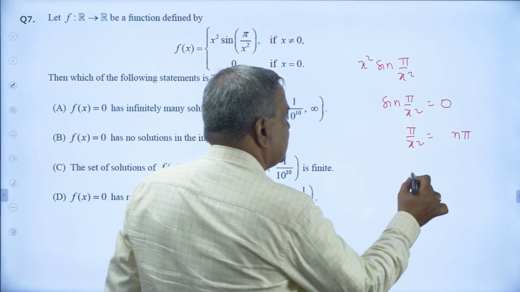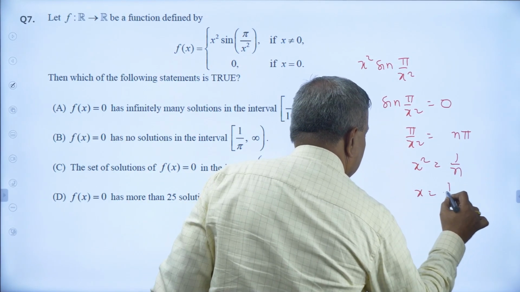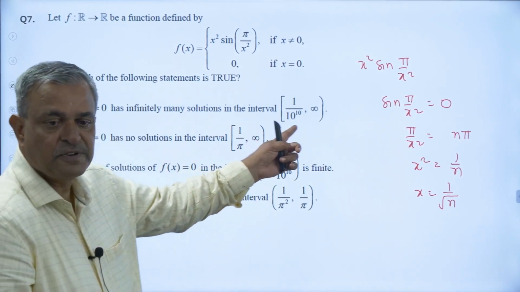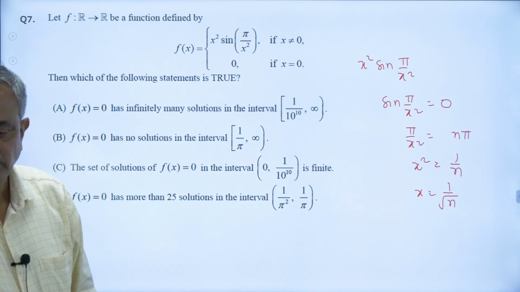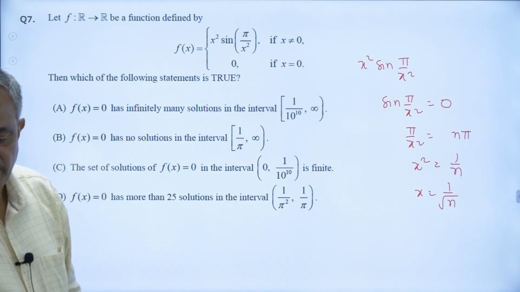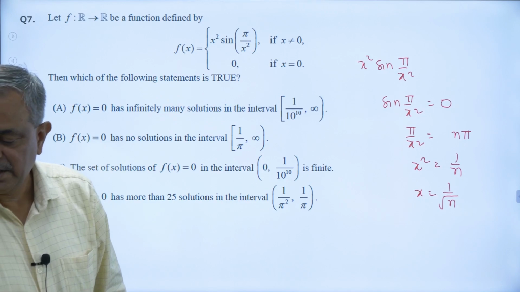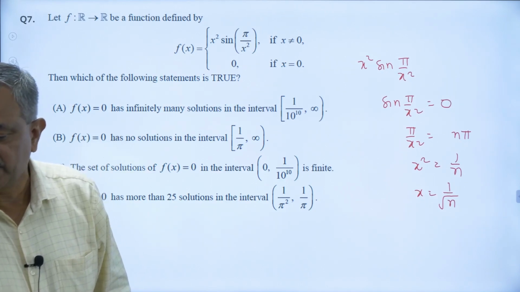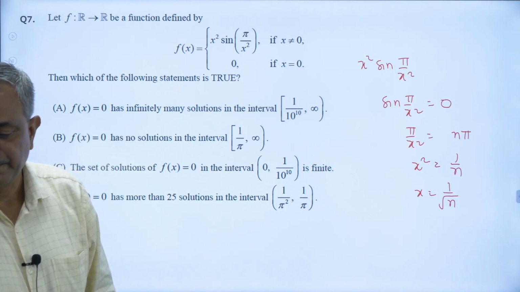So what happens? x square is 1 by n. So x is equal to 1 by root n. We take the positive one because this option is given positive. Clear? Any doubt in this question? So this clearly implies that now we have to check whether this answer is coming correct or not in the given possible interval.